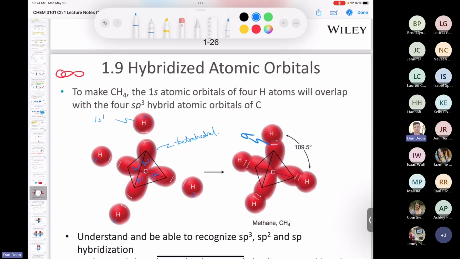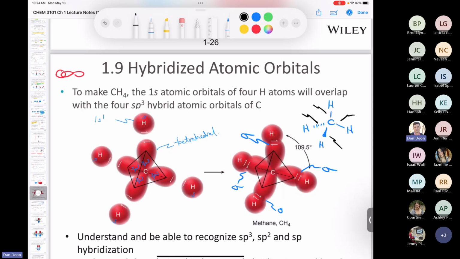Again, if you're confused and wondering what this is, it's just showing a molecule of methane, CH4, which has 1, 2, 3, 4 sigma bonds. So the carbon is sp3 hybridized.